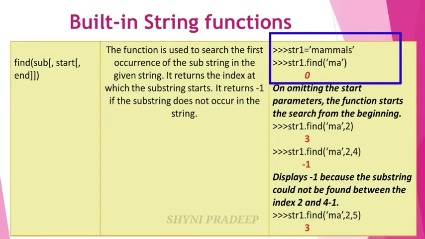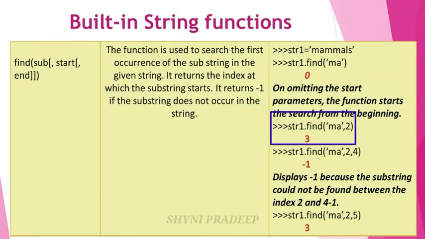And next, str1.find(ma, 2). Okay, here the substring is given and the start value is also given. But the end value is not given. So you have to start your search from index value 2. Okay, see here, this is 0, this is 1, this is 2. Here you have to start.